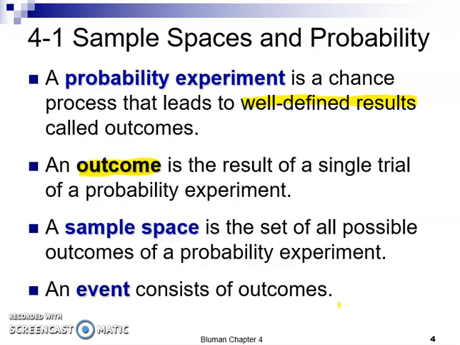And an outcome is just the result of a single trial of some probability experiment. The sample space is the set of all possible outcomes of that probability experiment, whereas an event is just a subset of that. So it's just a smaller grouping of all of those outcomes.